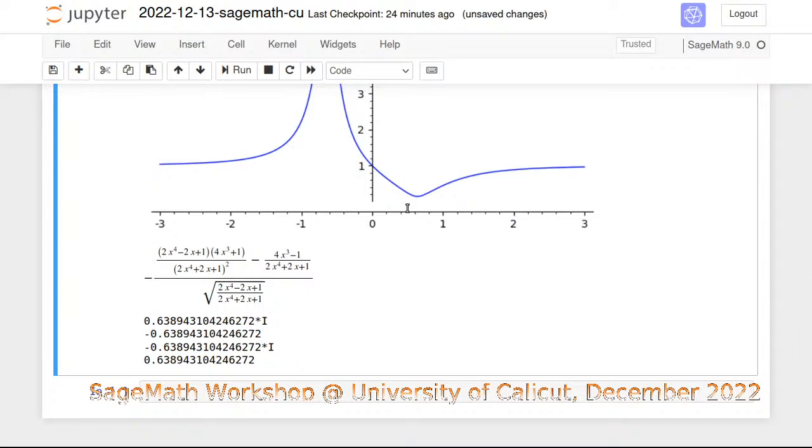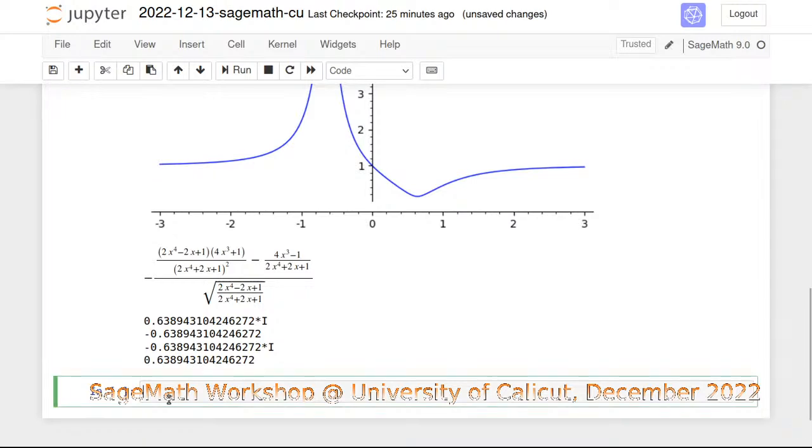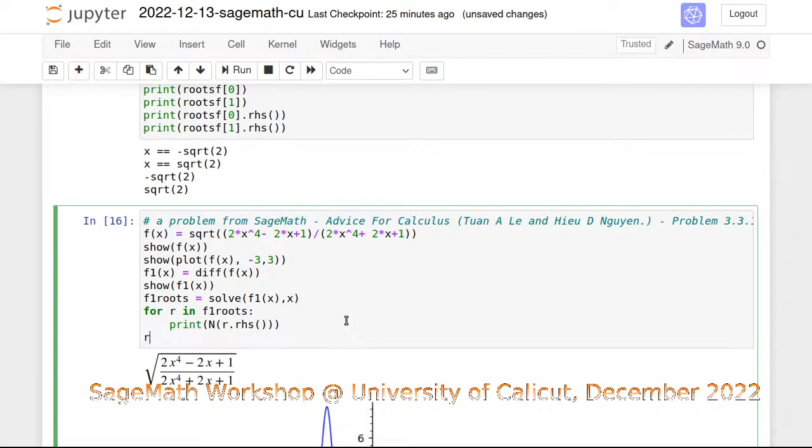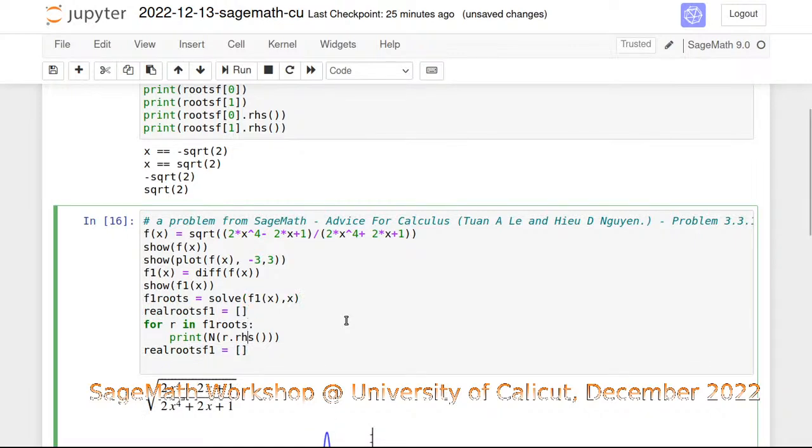Now, what are the real roots? How do we filter out all the complex roots? Any idea? We have got real as well as complex roots, but we want to work only with real roots, the horizontal tangents at the real roots, because at the complex root we cannot evaluate the tangent. So how do we find out? Real roots of f1. Suppose that we start with an empty list here itself.